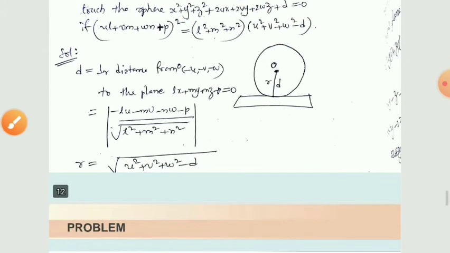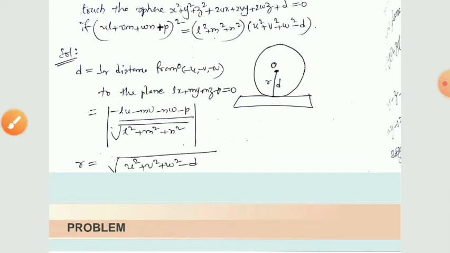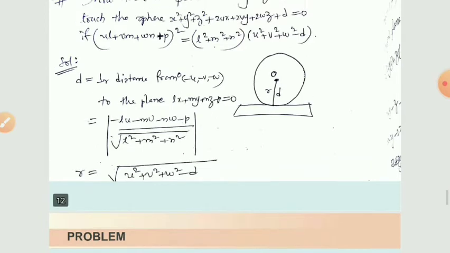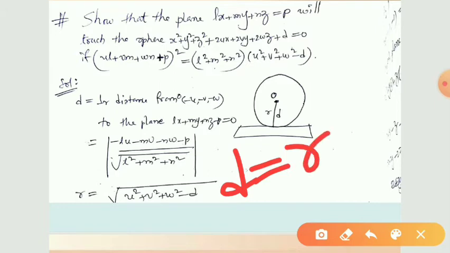So, see in the diagram. This is the given sphere and this is the given plane. So, the condition for tangency, the condition that the plane should touch the sphere, is D is equal to R. Here what is D? What is R?